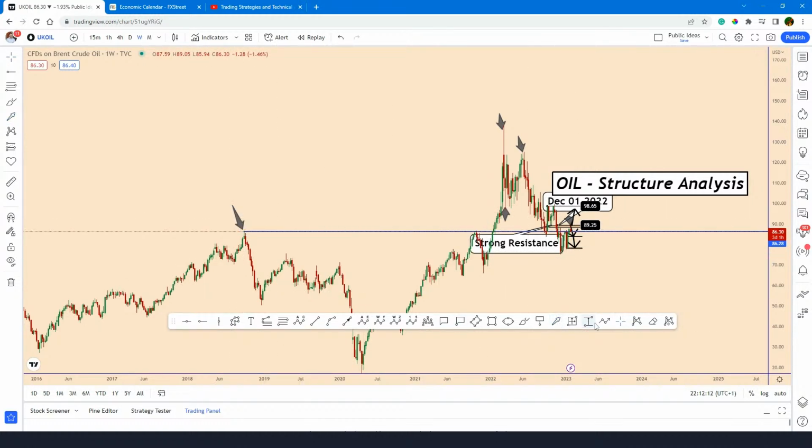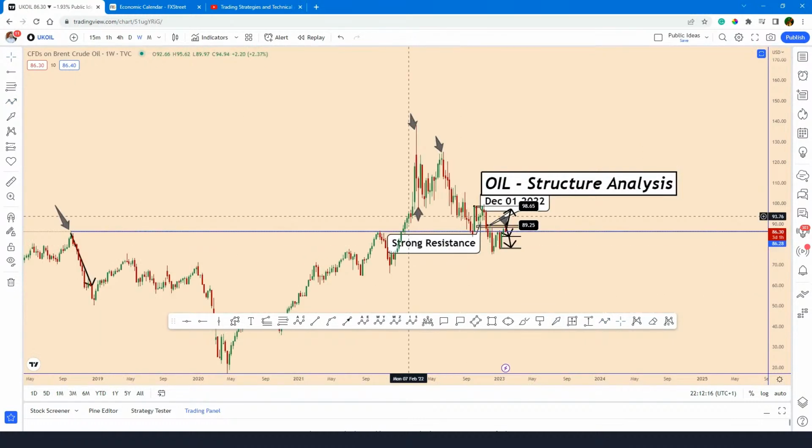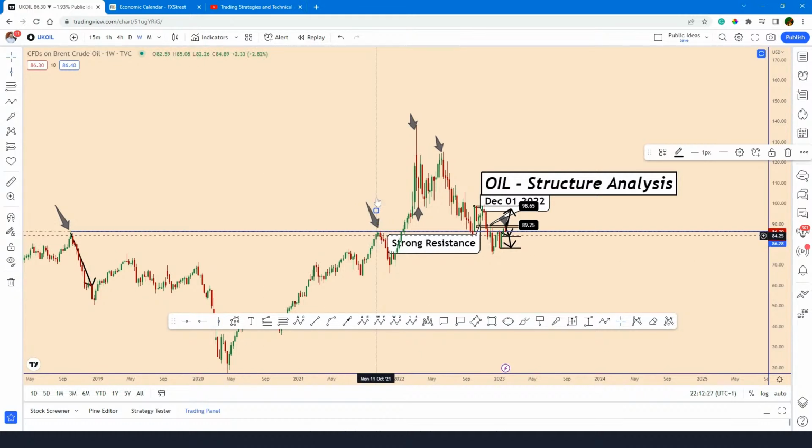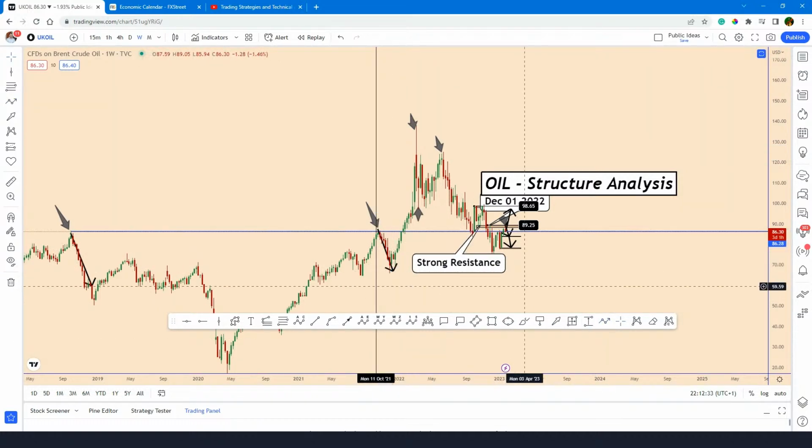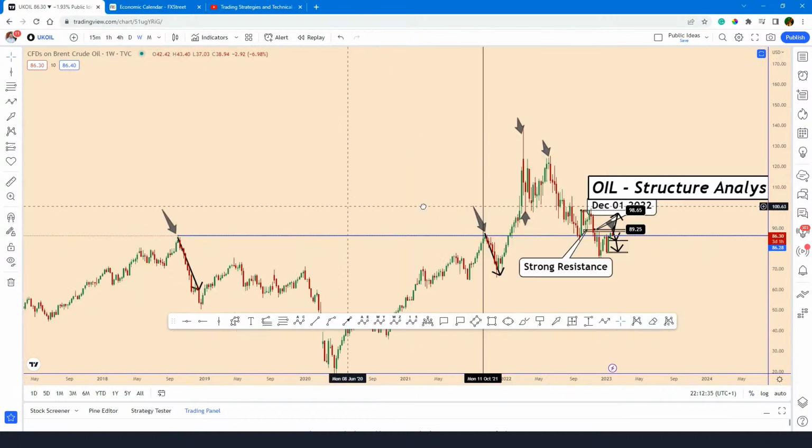After price retested this zone, it came down. We may see the same situation was repeated at this point. As you may see, this is dating back to October 21. And after that, we see the bearish movement again. So a very sensitive price zone.